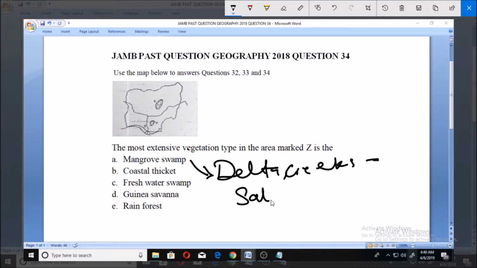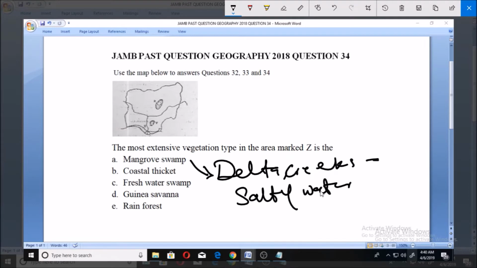It is not fresh water, we have what we call salty water, and it has no natural forest vegetation apart from the presence of water hyacinth, which tends to occupy the surface of the water. So you have a kind of plant that occupies the surface of the water around here.